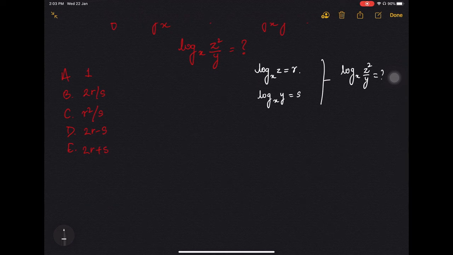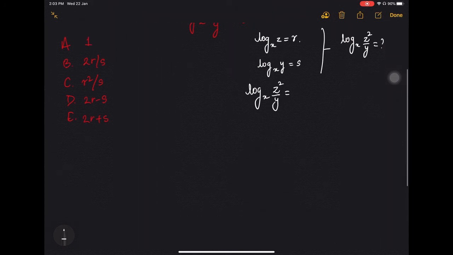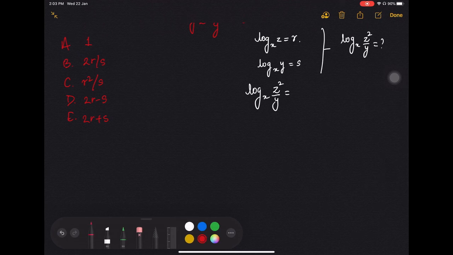Let's have a look at the complicated solution that we are looking for. It is saying that you have to find the value of this. Let's think about some rules that we have done.